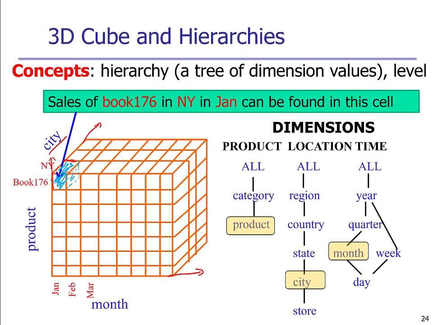It requires a little bit of imagination about this 3D space, but I guess all of you should have this ability. You can think of this small cell in this cube. It represents the sales of book 176, because on the product dimension it's book 176, in New York, because in the city dimension here is New York, in January, which can be found in this cell.